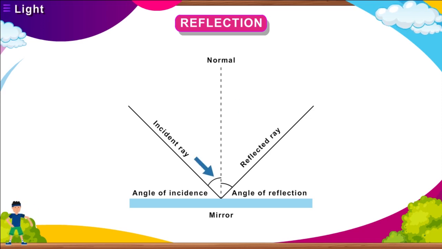Angle of incidence. It is the angle made by the incident ray with the normal at the point of incidence. Angle of reflection. It is the angle made by the reflected ray with the normal at the point of reflection.